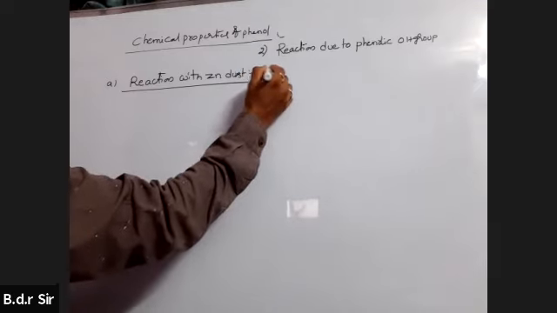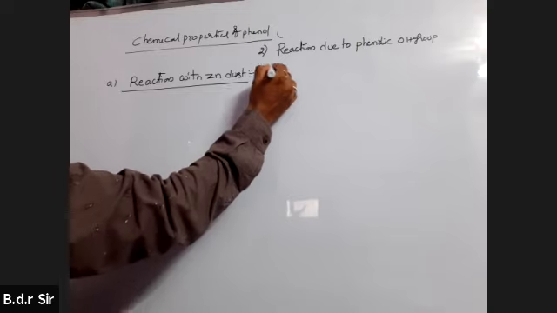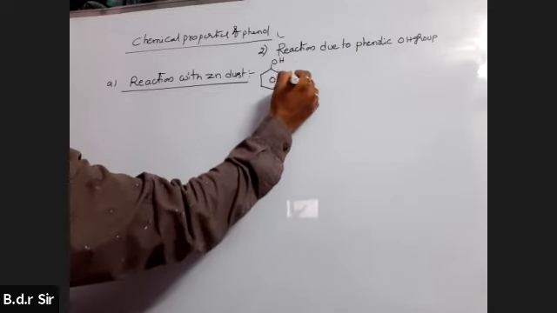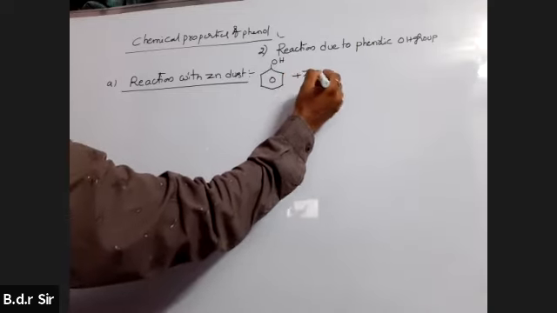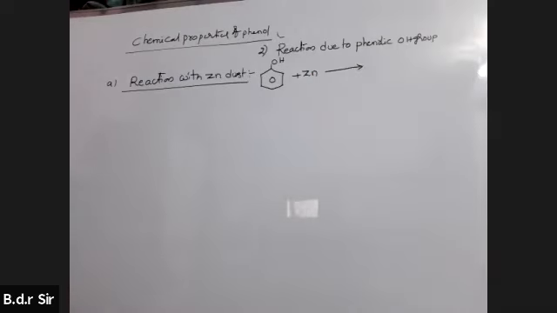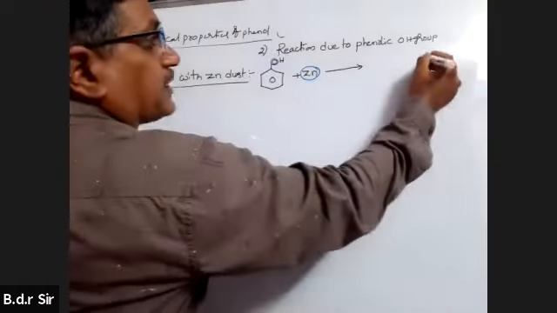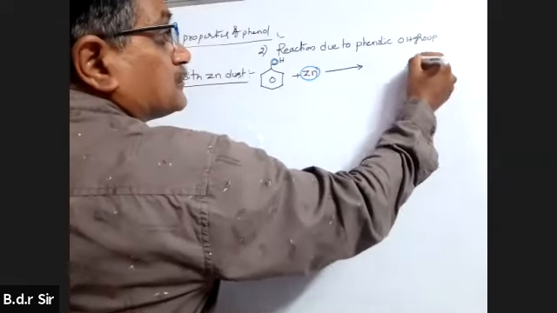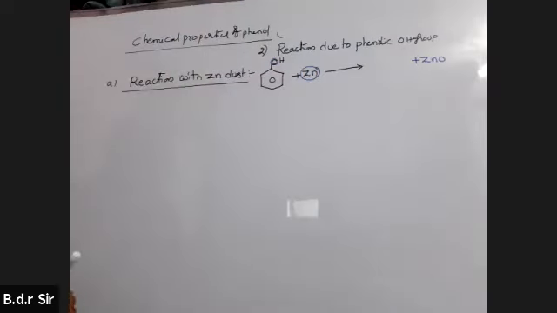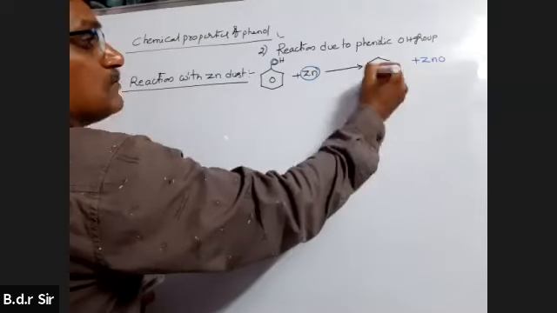What is the product? Here, zinc and oxygen are converted into zinc oxide. What is the remaining? Benzene is formed.